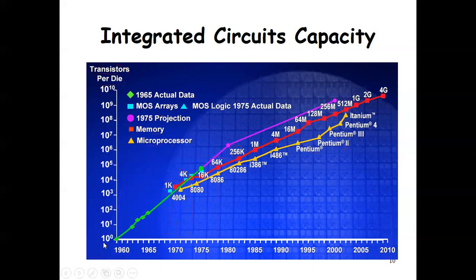Basically that's what this plot says: the processor performance is doubling roughly every 2 years, and the memory capacity is doubling roughly every 18 months, right? And this line represents the projection. So it's a projected plot of how the processor performance or memory capacity is increasing over a period of time.